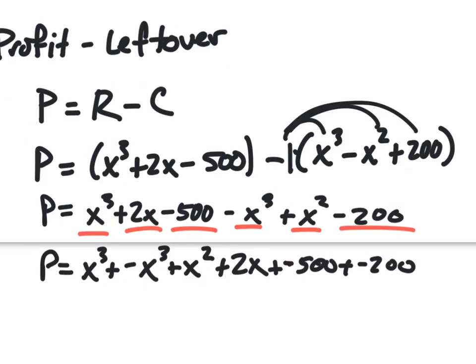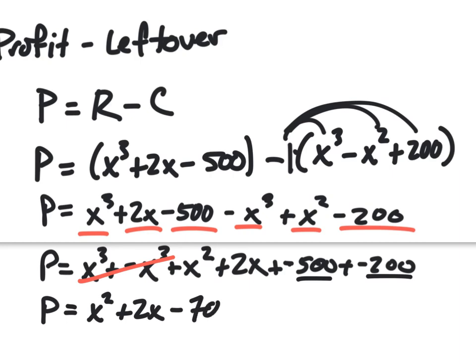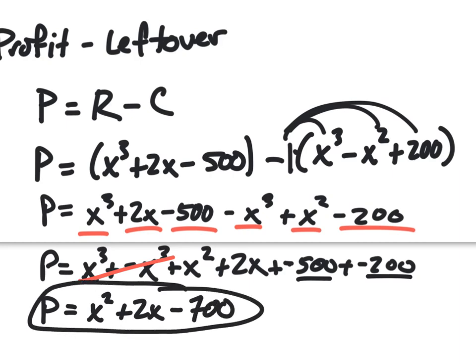Now the x cubed plus a negative x cubed is just going to cancel out and go to 0. So as a result, I get x squared plus 2x, and then negative 500 minus another 200 is minus 700. So if I just wanted to find the profit, I can use that function.